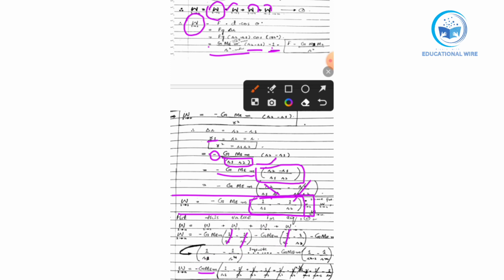Next, 1 upon r2, after that minus 1 upon r3, then again plus 1 upon r3, then minus 1 upon r4. After the infinite position, we will have 1 upon r4, then minus 1 upon r n minus 1, and then plus 1 upon r n minus 1 and minus 1 upon r n.